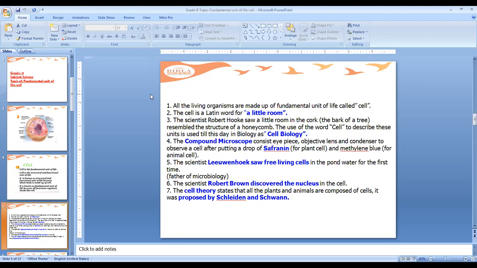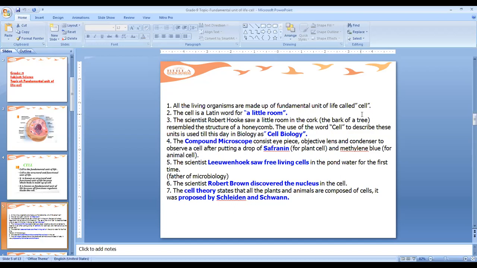Yeah, he saw it under a microscope. But what is the thing in which he saw? What was that thing? In a cork. He saw it in a cork, first under a microscope.